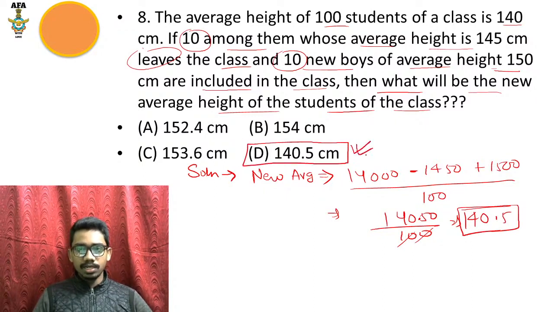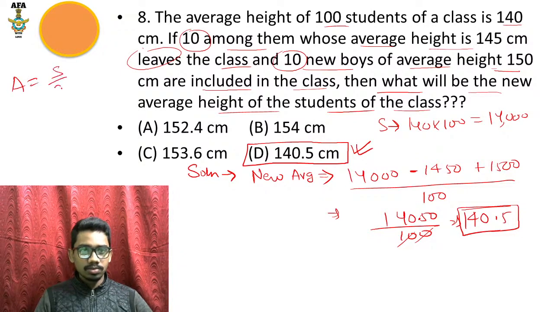Very simple question, guys. Average height of 100 students in a class is 140 centimeter. Then the sum will be 140 into 100, that is equals to 14,000. What is the formula of average? Average equals to sum by n.